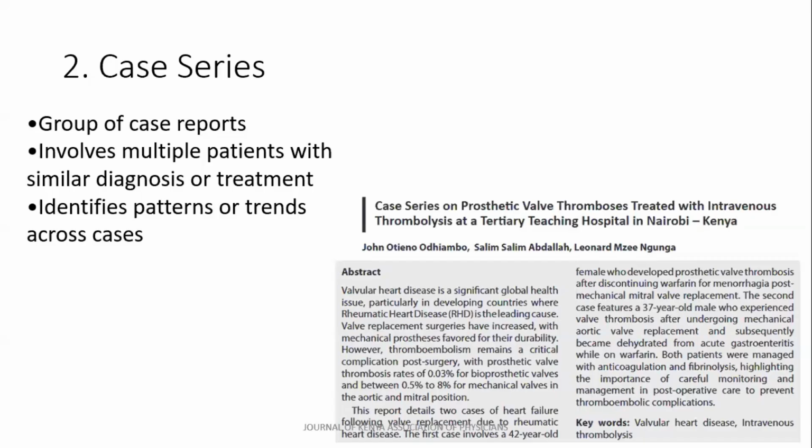So one was having menorrhagia, so that caused discontinuation of anticoagulation. And then another got some dehydration and acute gastroenteritis while on warfarin, so it prompted tapering down of the dose.